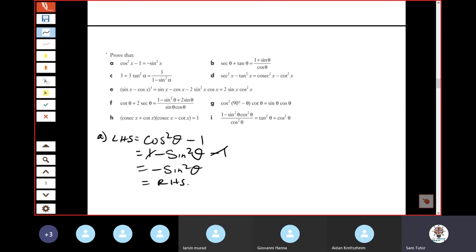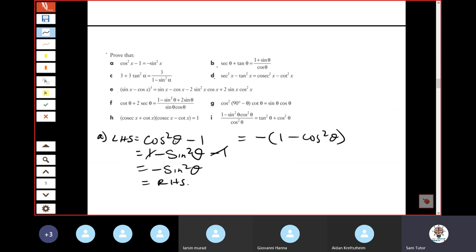I'll be honest, I didn't see it like that. The way I saw it was taking out a negative, so mine would look like this. There are a lot of ways for each question. Each question has 3 different ways of doing it, just so you're aware. My way was taking out a negative from this, and then I'm left with this. Can you see that, Aiden?